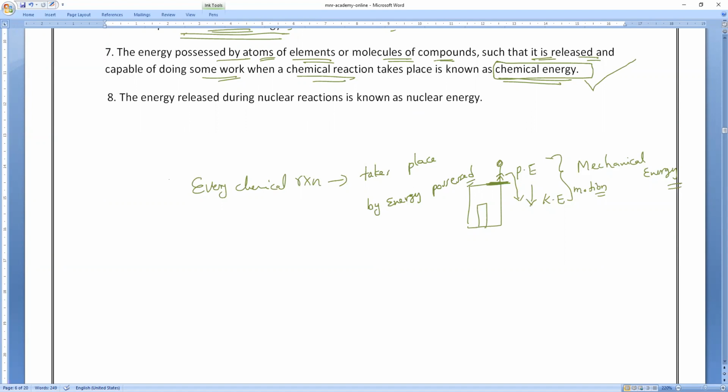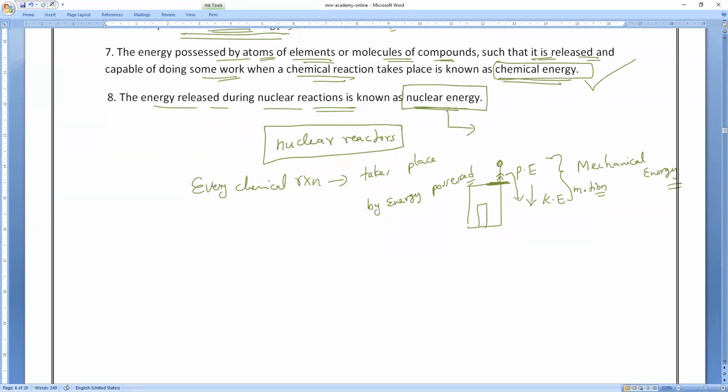Next, nuclear. Nuclear power stations, you might have heard. The energy released during nuclear reactions is called what? Nuclear energy. Nuclear reactors, power stations, the energy released by them we call nuclear energy.